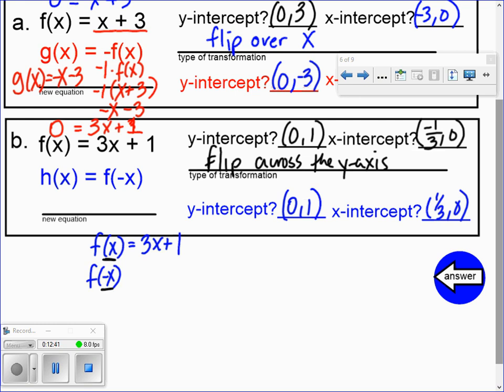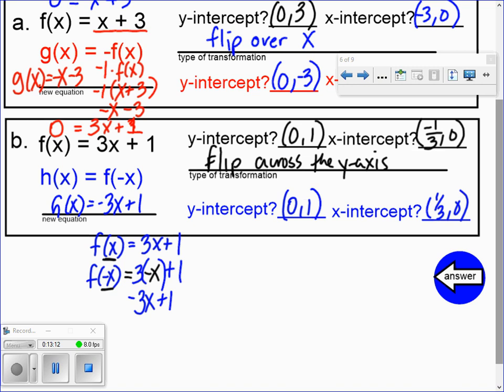Anywhere in my original equation where I had an x, we're now going to replace it with negative x. So instead of 3 times x, now we're going to have 3 times negative x. And when we simplify it, we'll have negative 3x plus 1. So h of x is equal to negative 3x plus 1.